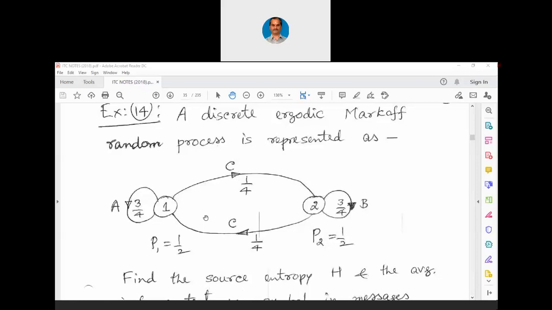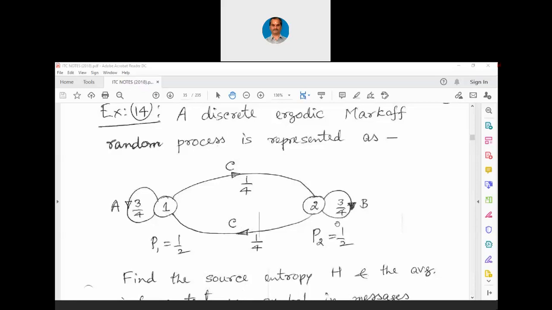You already know that the emission of symbols happens only during transition, that means when the system has a transition from one state to the other. So you can see here, A will have a probability of 3 by 4, B will have a probability of 3 by 4, whereas C will have a probability of 1 by 4, because C is emitted only during interstate transition.